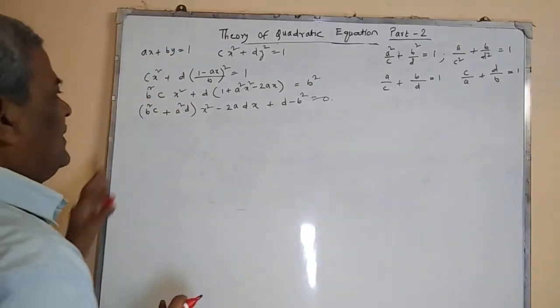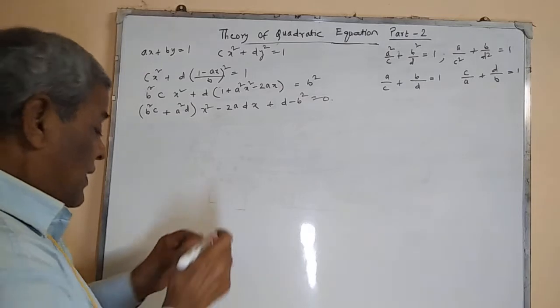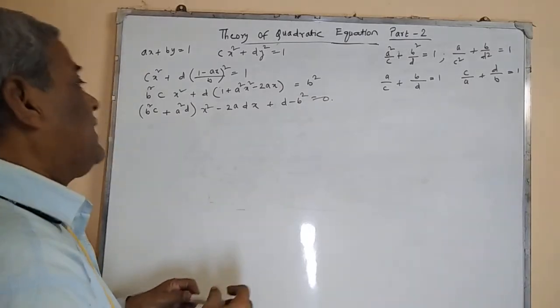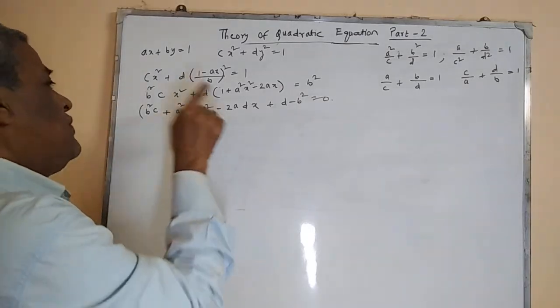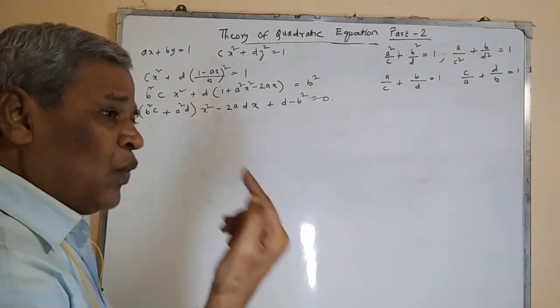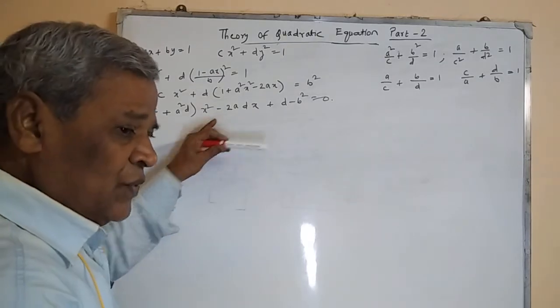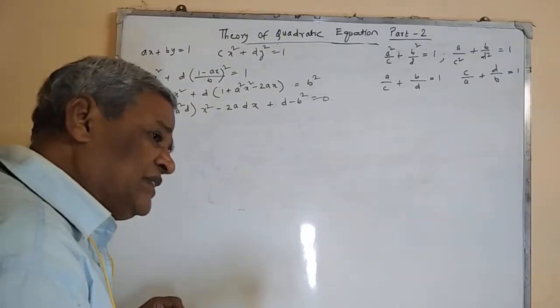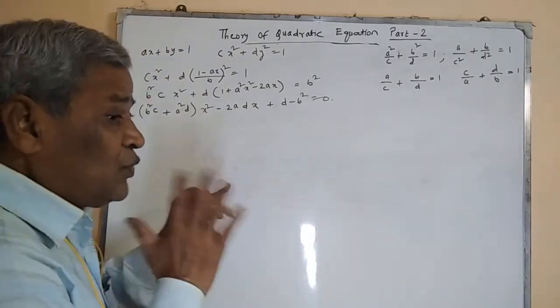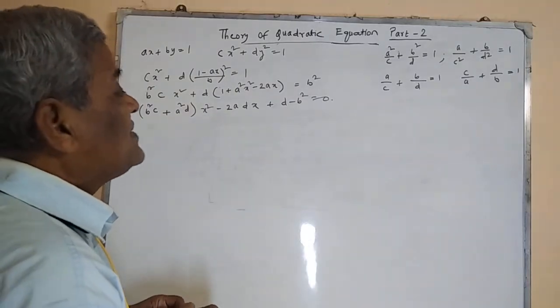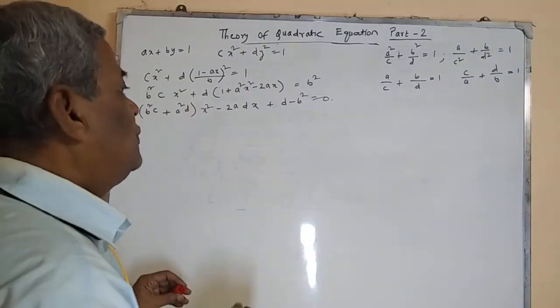This is a quadratic in x, and we are given that this quadratic equation has only one solution, that is, its roots are equal. So as only one set of solution means its roots are equal, its discriminant must be 0.